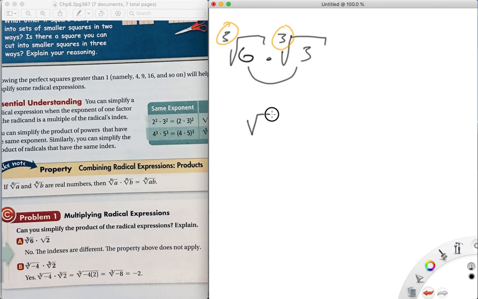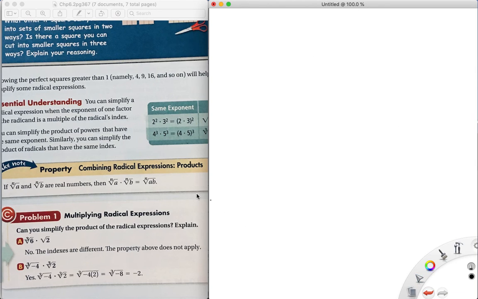So I have one radical, and I can multiply the 6 times the 3, and put it under the index of 3, and this would give me 18 inside, raised to the third power. That's what that property says.